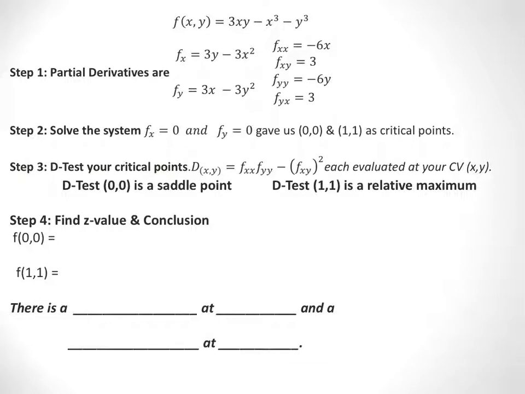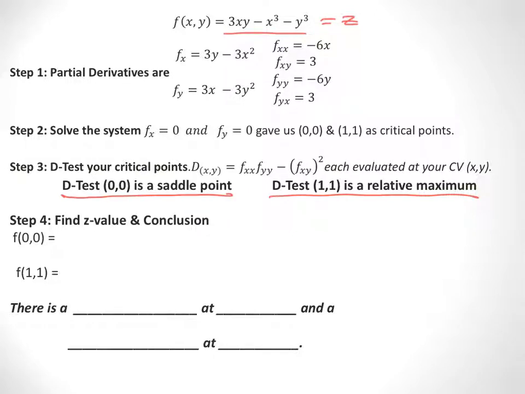So gathering our information together over here, we've got at (0, 0) a saddle point, at (1, 1) a relative maximum. But remember, we've got a multivariable function of x and y, which means this thing is really equal to z. And so we have to substitute our (0, 0) into the original function. So we're going to come down here and actually find f of (0, 0).